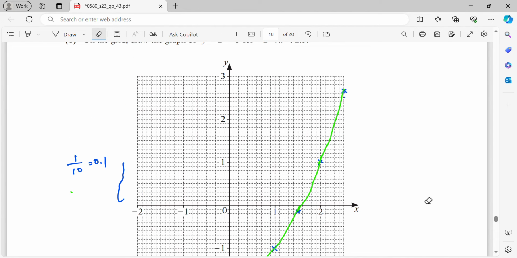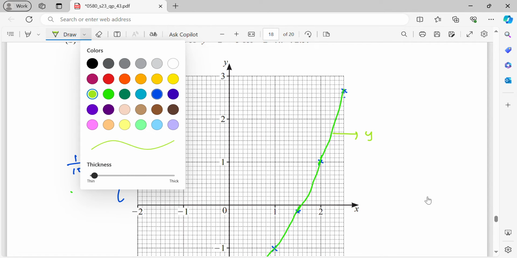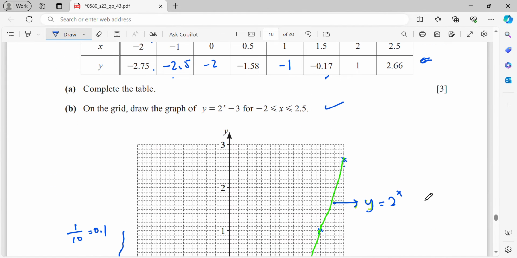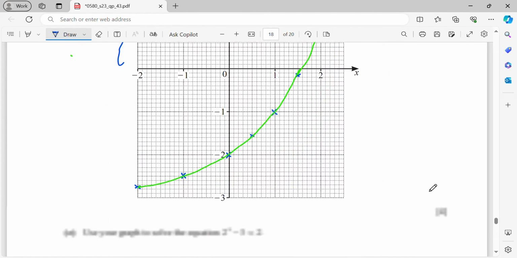Okay, so this is the graph of 2 power x minus 3. So done for the graph.